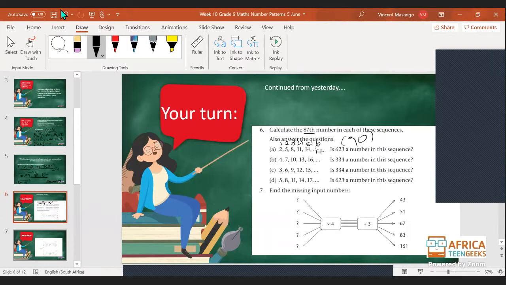Same thing. Is 334 a number in this sequence for B? Do you think if we carry on counting in threes, starting from 4, we will actually get to 334? Yes? No?